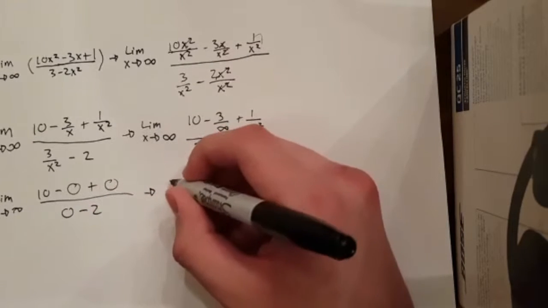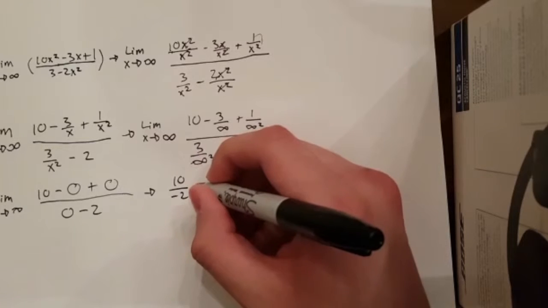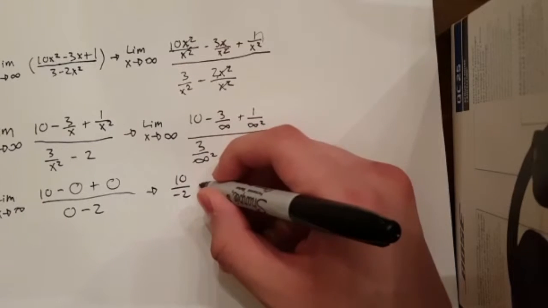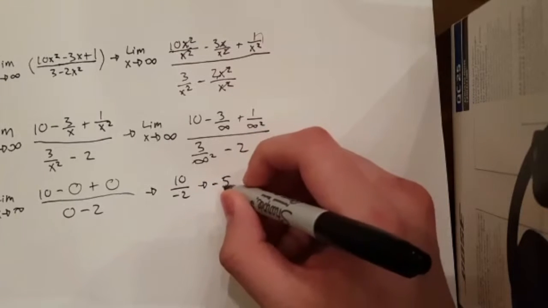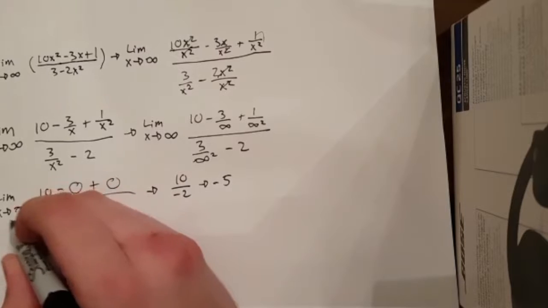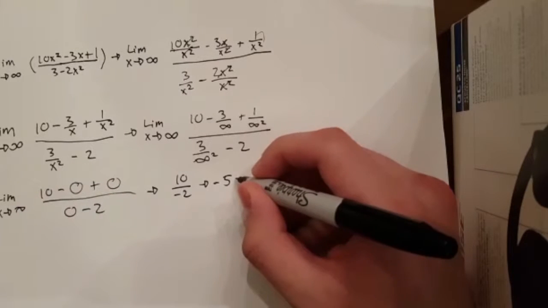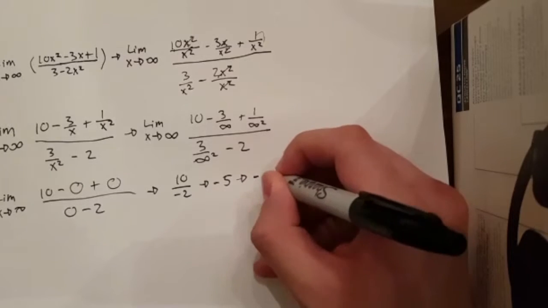So now we would just have 10 over negative 2, and this obviously gives us negative 5. But that is not the answer. Negative 5, as the limit is at positive infinity, we're looking for infinite limits. This negative 5 is interpreted as negative infinity.